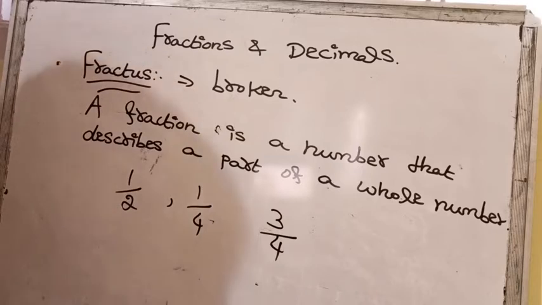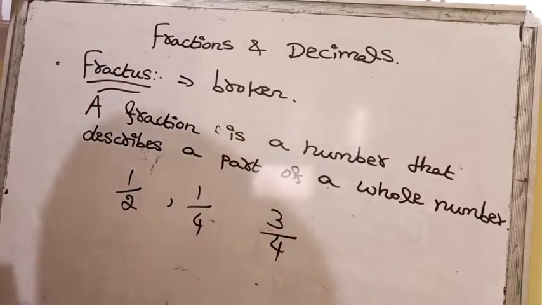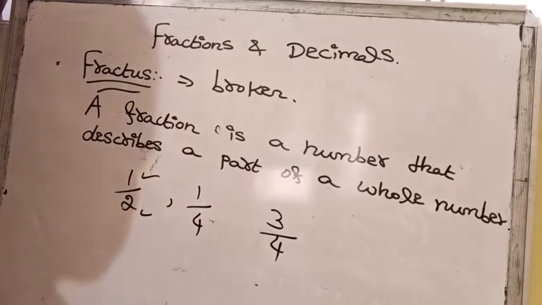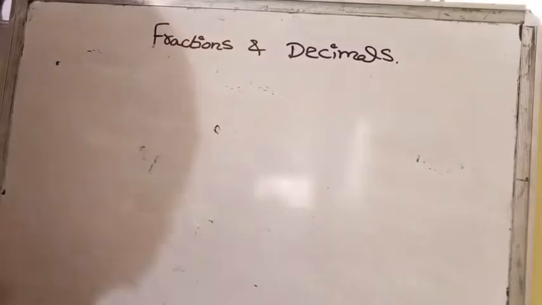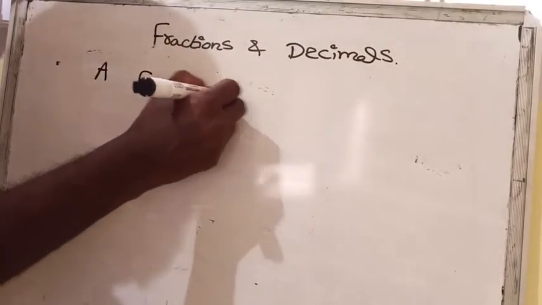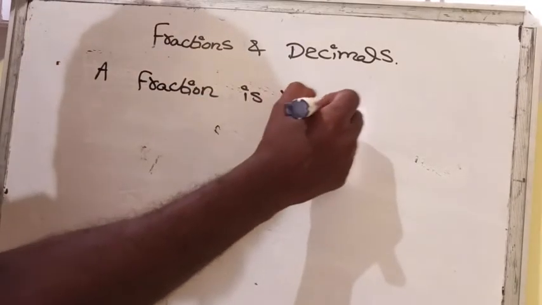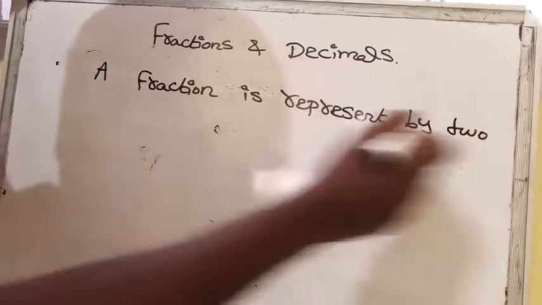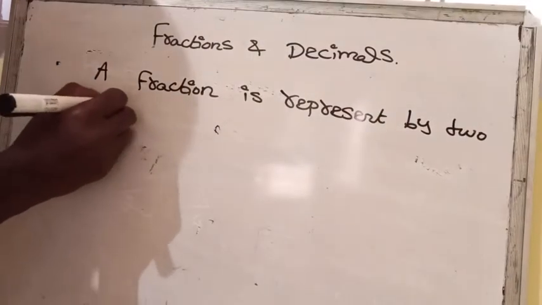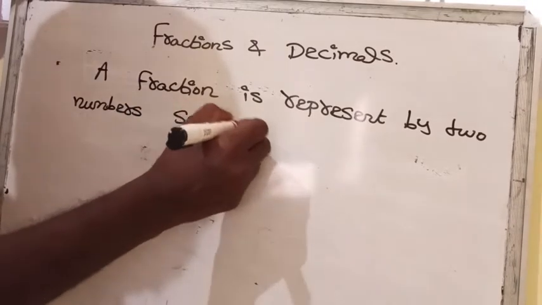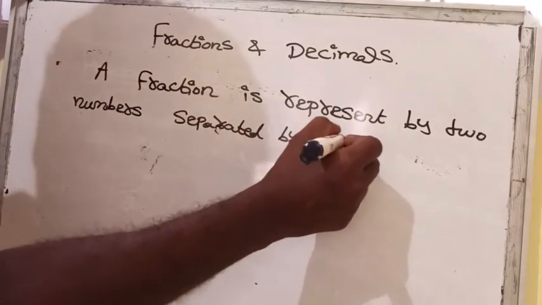So how will you represent a fraction? A fraction is represented by two numbers separated by a line.